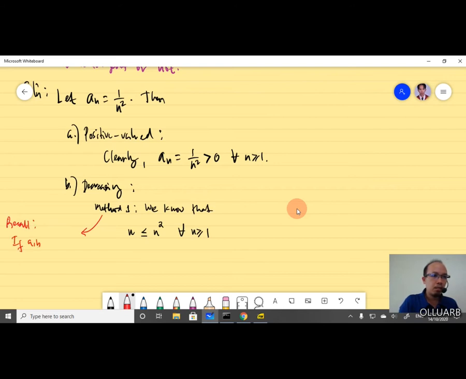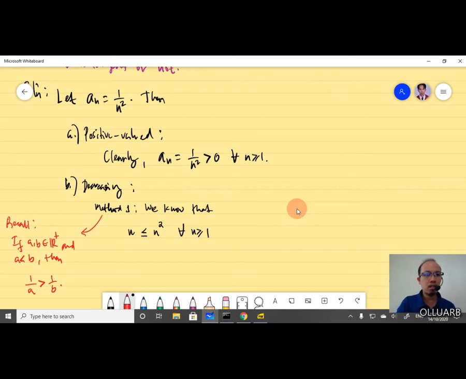If a and b are positive real numbers, and a is less than b, then we know that 1 over a is greater than 1 over b.